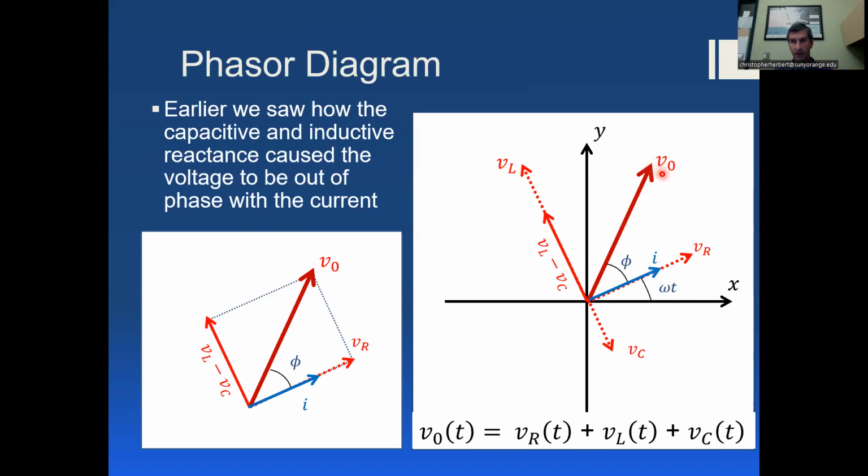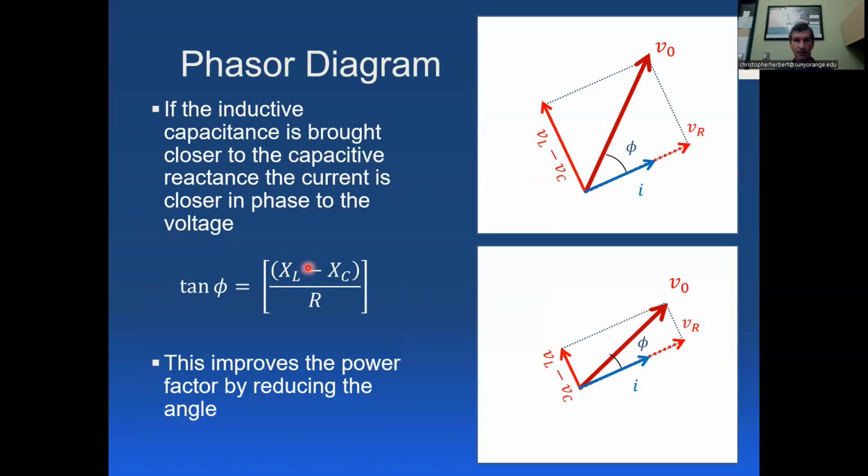You can think of that as sort of rotating it toward the voltage across the resistor, getting this closer to the resonance. We know that with a large inductive load, if we add a lot of capacitors, we can boost VC here, which is going to make this summation vector smaller and smaller. And again, it's going to get this angle smaller. And that's going to make our power factor higher and higher.